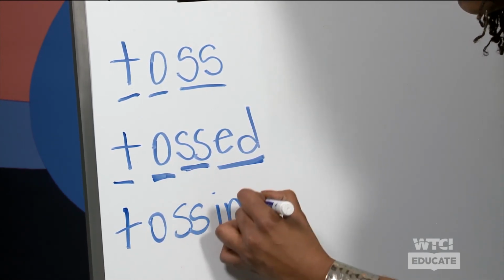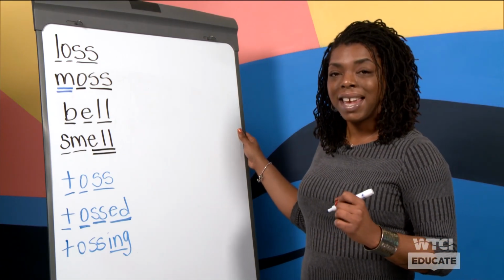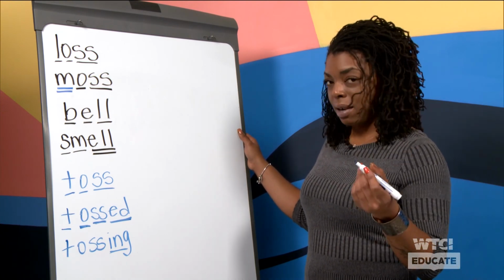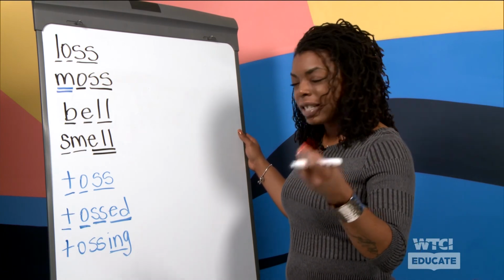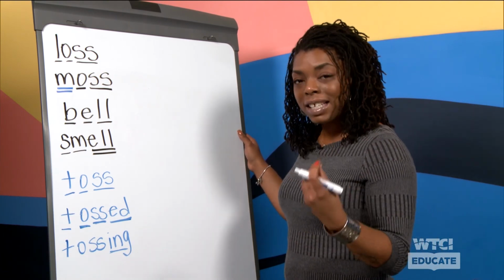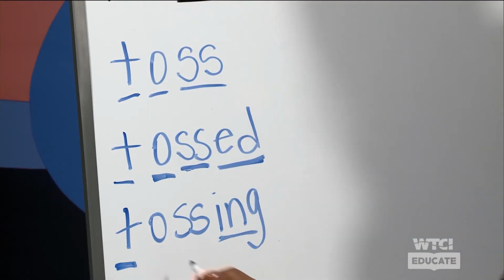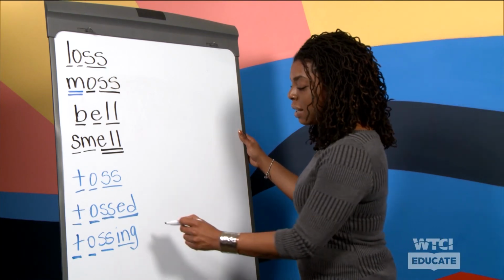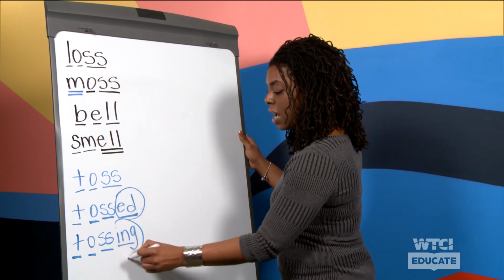Because I remember that ending ing makes the ing sound. Okay? Here we go. What's the same? You should be able to tell me by now, or tell someone next to you. The T is the same. T, ah, S. What's different? All we did was change our ending.